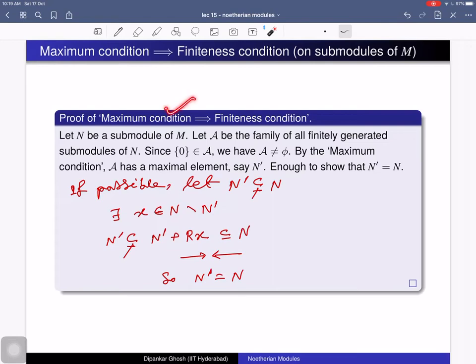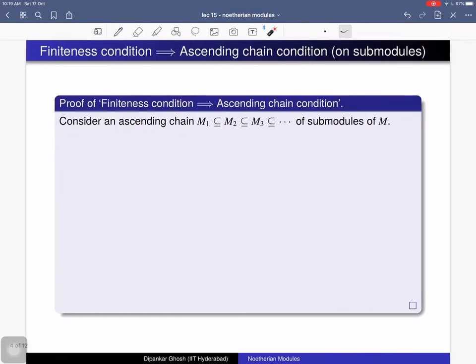So the maximum condition implies the finiteness condition, and it remains to prove that if M satisfies the finiteness condition, then M satisfies the ascending chain condition. To prove this, we consider an ascending chain, and we just have to prove that this chain will be stationary, it will stabilize somewhere. We have this condition. So how do we use it?